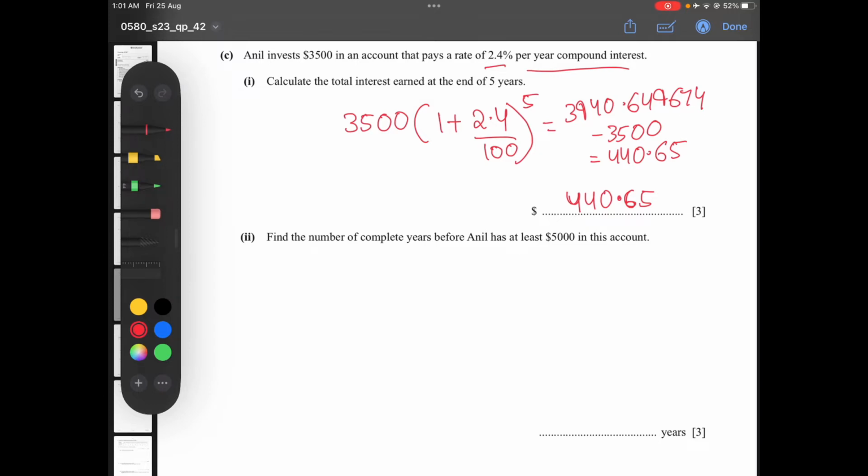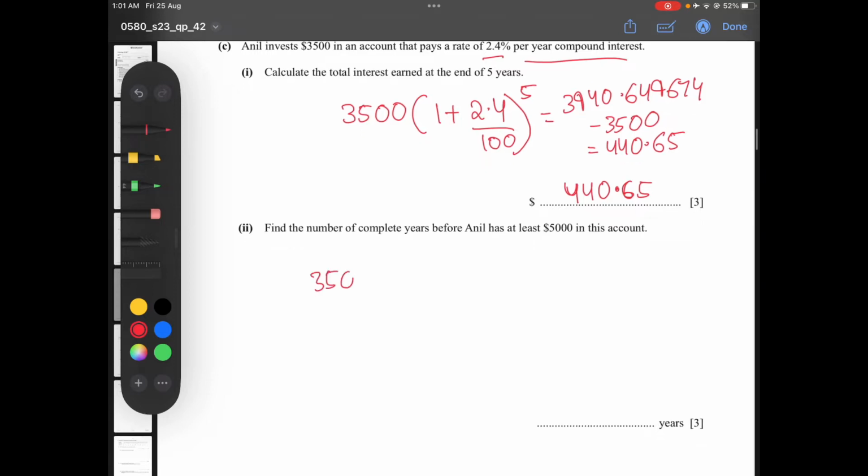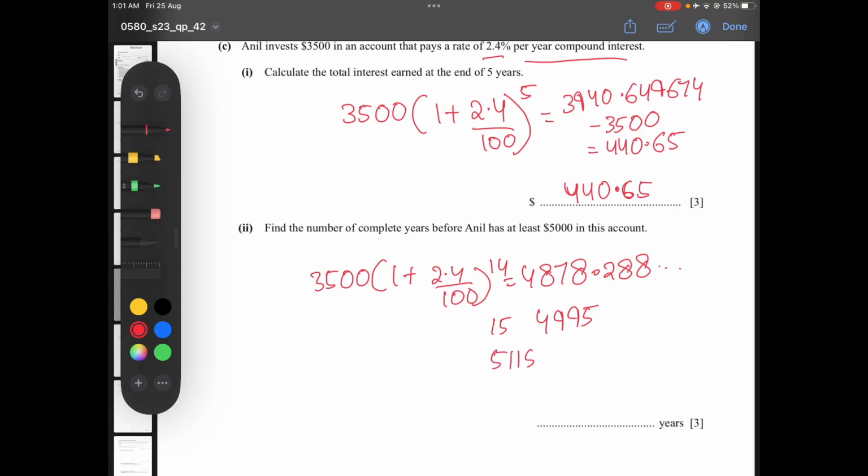This is a trial and error question. 14 years gives 4878.288, so somewhat close. Let's try 15. 15 gives us 4995, and then 16 would give us 5115. So that's 16 years.